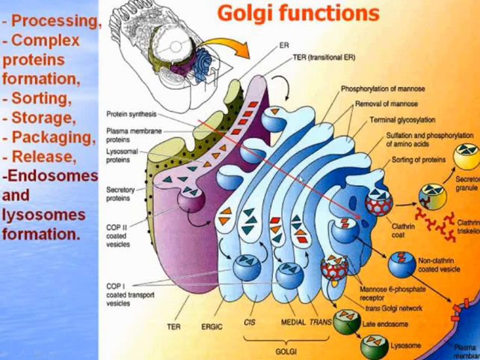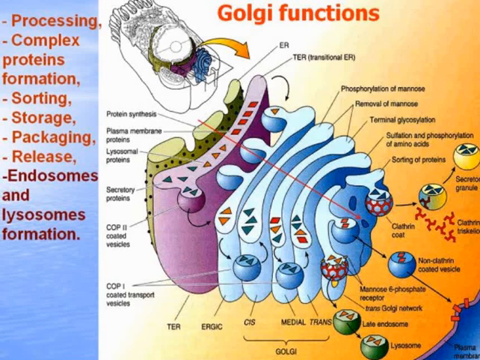This slide demonstrates the Golgi functions. Substances inside Golgi undergo processing: complex protein formation takes place from carbohydrates and lipids combined with proteins, and where complex substances appear.